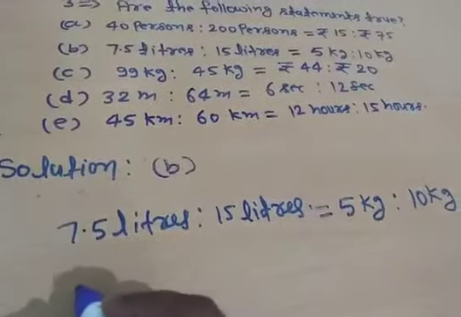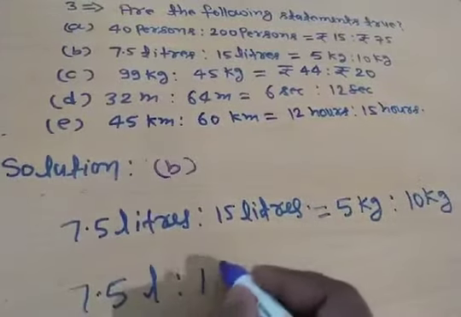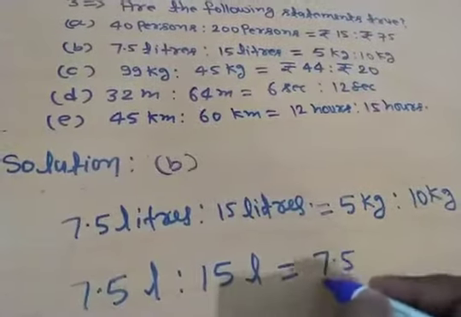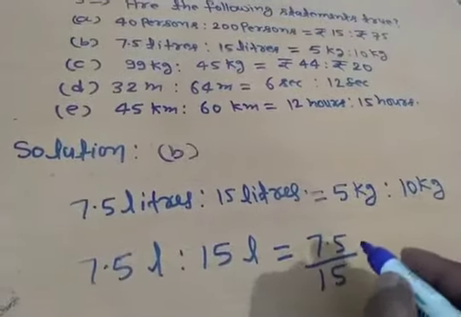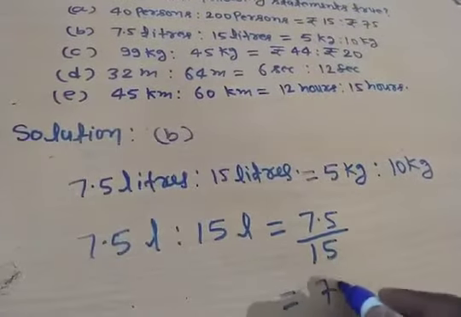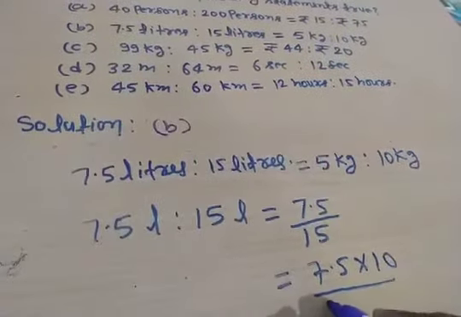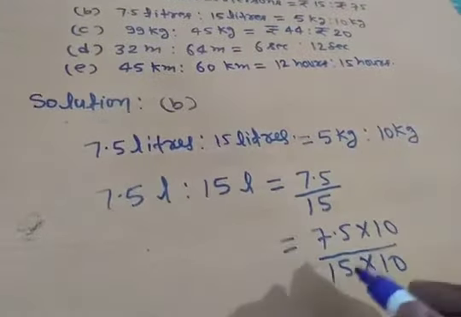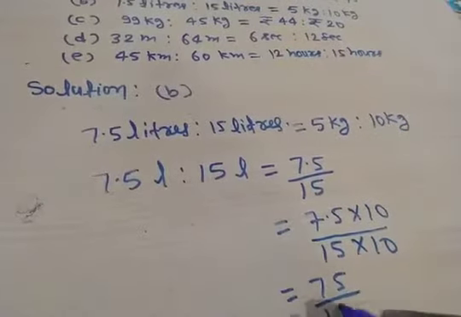So here first we take 7.5 liters ratio 15 liters. You can write it as 7.5 by 15. First we multiply numerator and denominator by 10, and 15 into 10, we obtain 75 by 150.